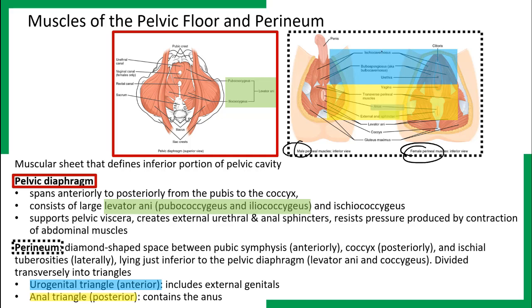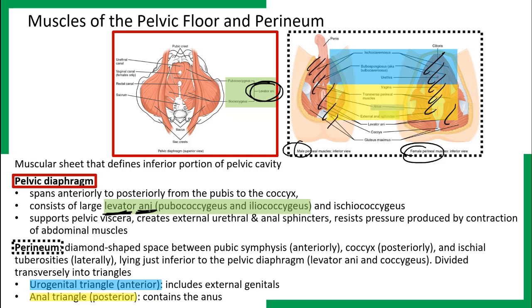So it spans from the front to the back of the male and the female. It has a large levator ani. And again, if you look at the name levator ani, levitate, to bring up, ani refers to the anus. So again, just from the name, you know exactly where it's located.